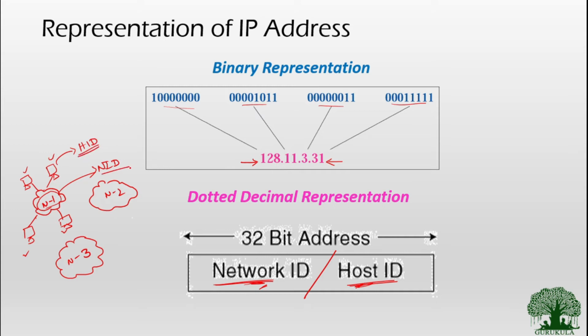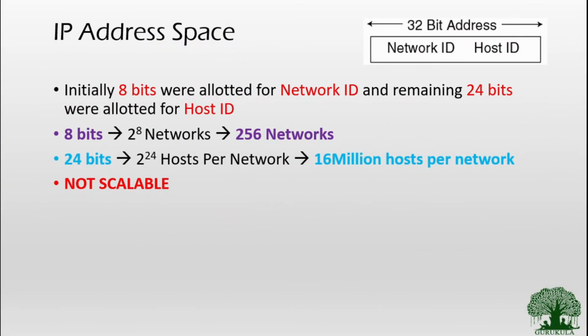So network ID represents which network it belongs to, and in that particular network there will be several hosts connected, and with the help of the host ID bits we can identify which host we are talking about. So this is a basic explanation of what net ID and host ID are.